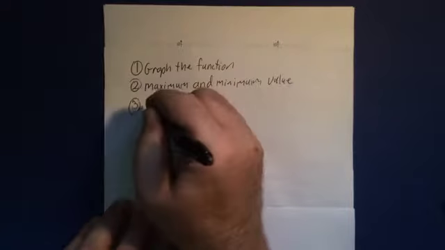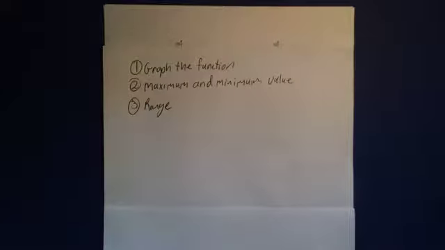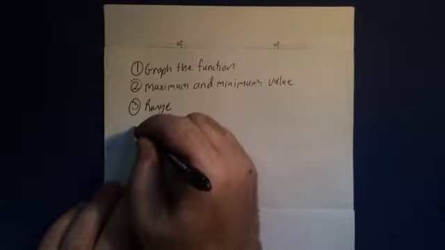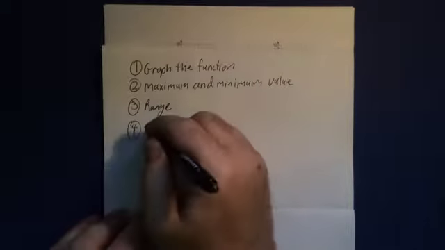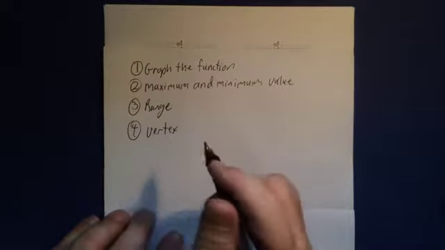You're also going to be asked to find the range. In the course of these questions, I will also be asking you to find the vertex as well as the axis of symmetry.